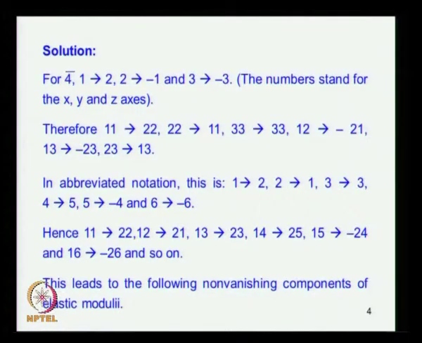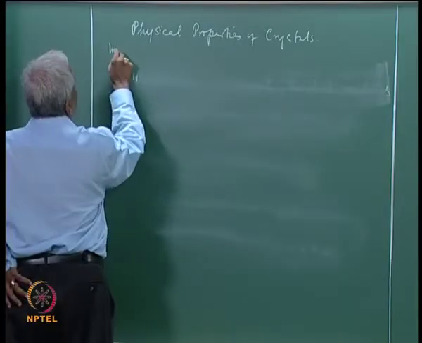Because of this, in abbreviated notation, the C_ijkl are just written as C11 etc.